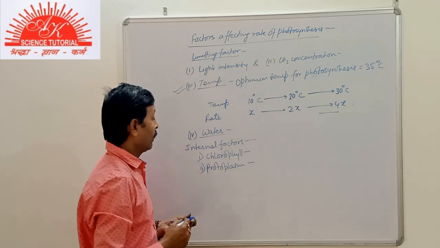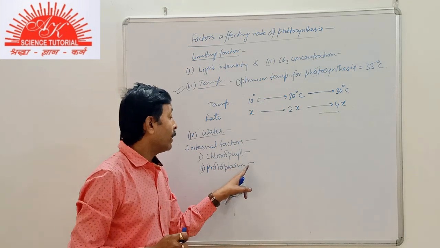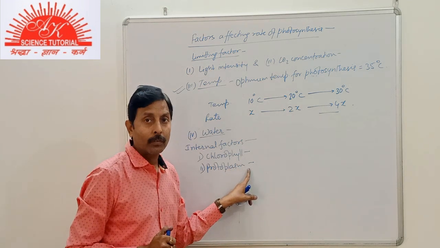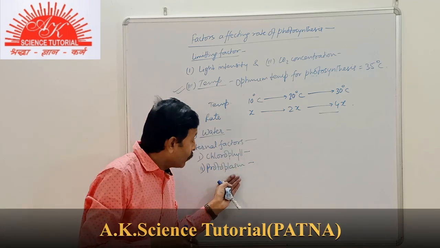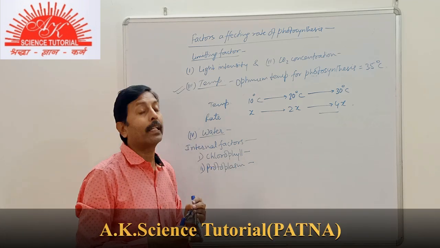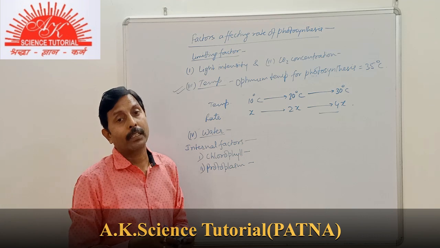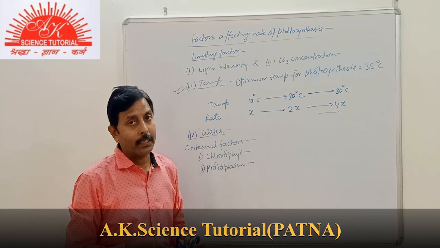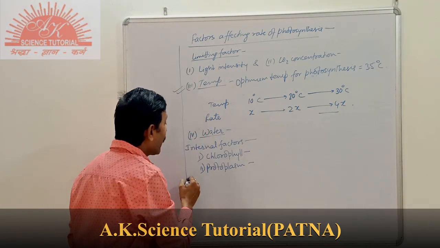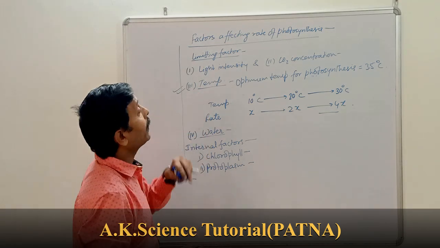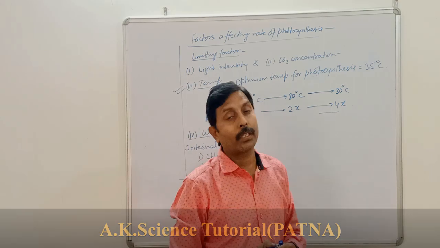Here we see the dehydration of protoplasm or accumulation of nutrients like sugar in the cells, the rate of photosynthesis is also decreased. So, students, these were the different factors affecting the rate of photosynthesis.